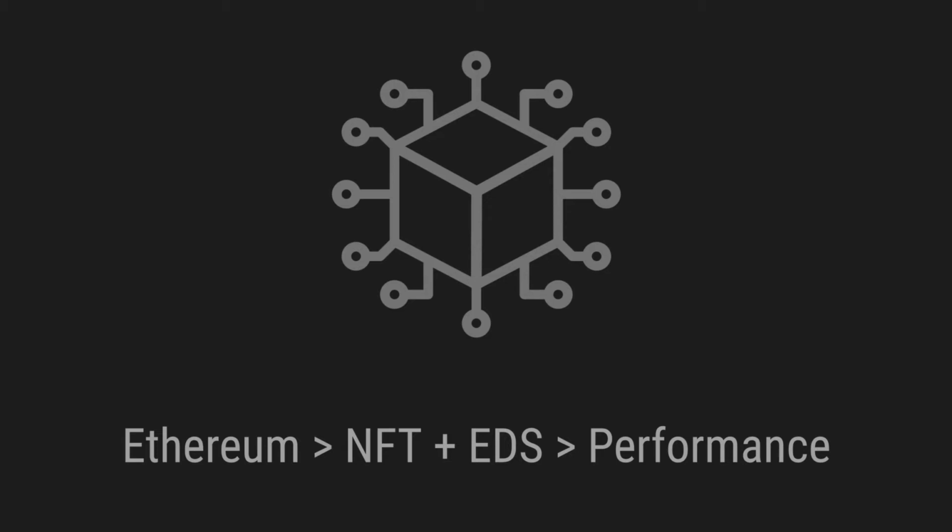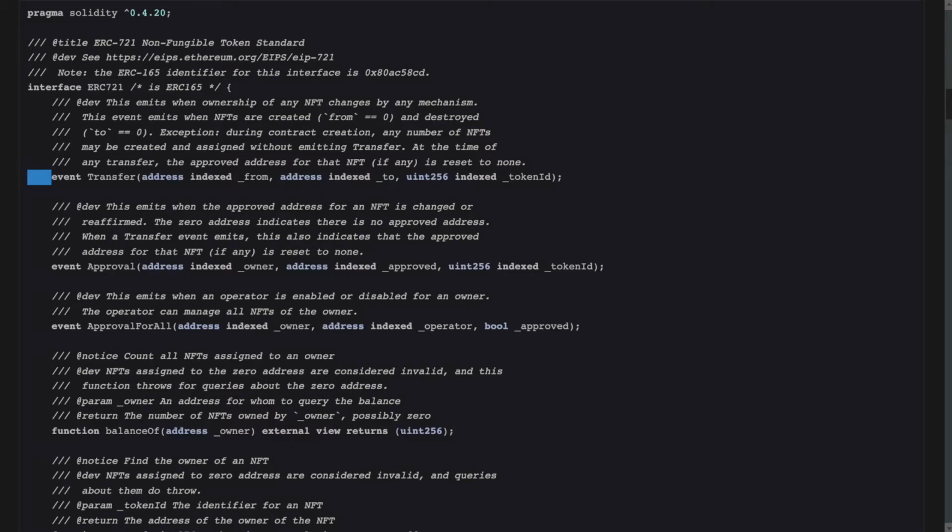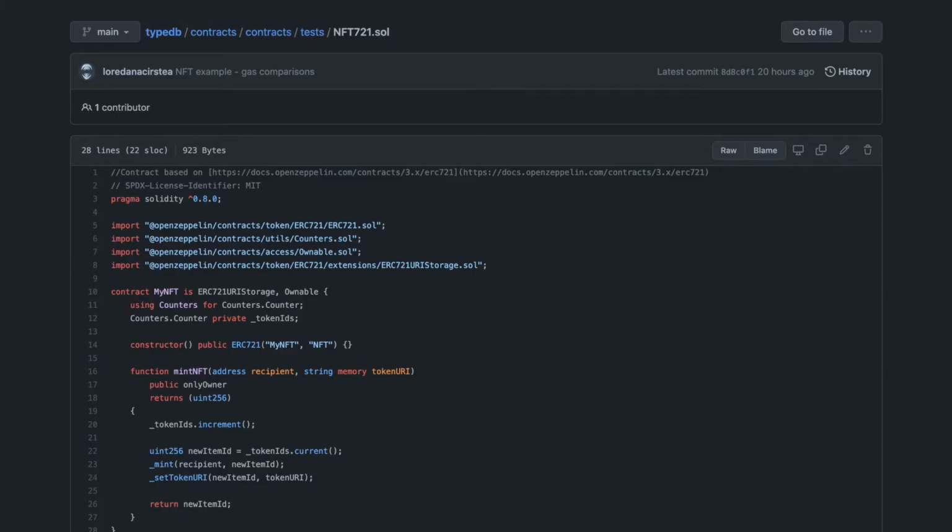One of the most known and used interfaces for NFTs is EIP 721, and our EDS-based NFT follows this EIP 721 standard. One of the safest, well-known, and efficient implementations of this standard in the Solidity language is the OpenZeppelin implementation, and this is what we are using today as reference for comparing gas costs.